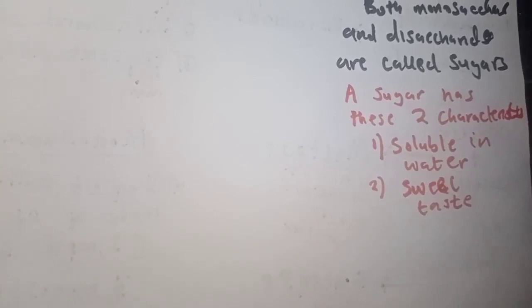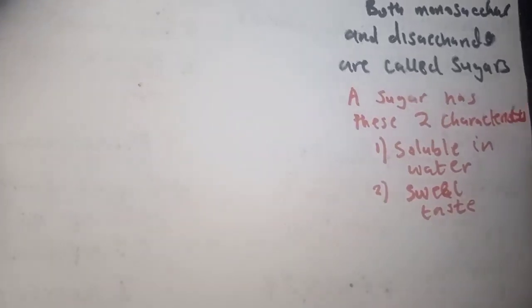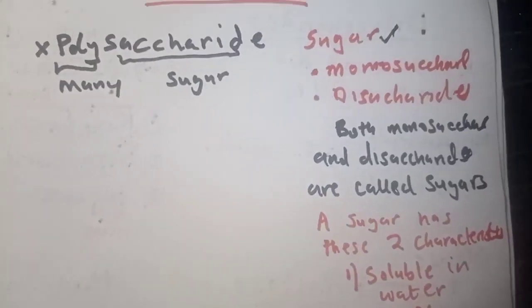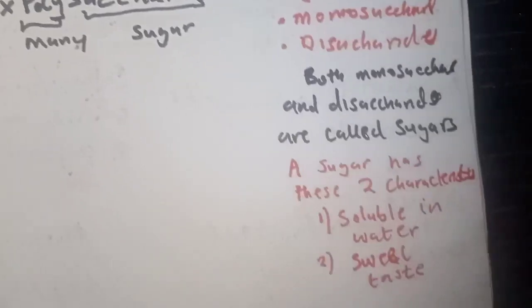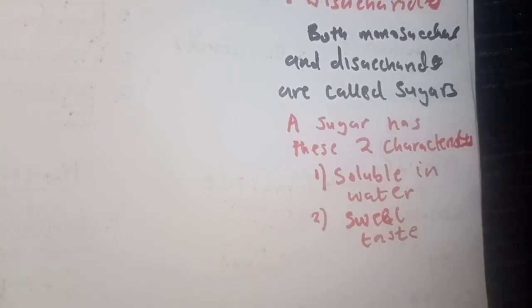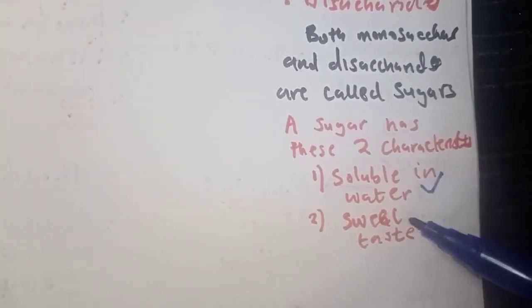Okay, so we gave examples in our previous video. So if you want to know what a sugar is, I said a sugar has these characteristics: soluble in water, and it's going to have a sweet taste.